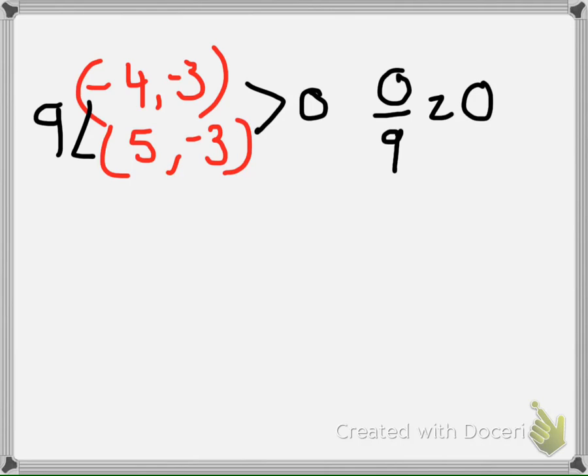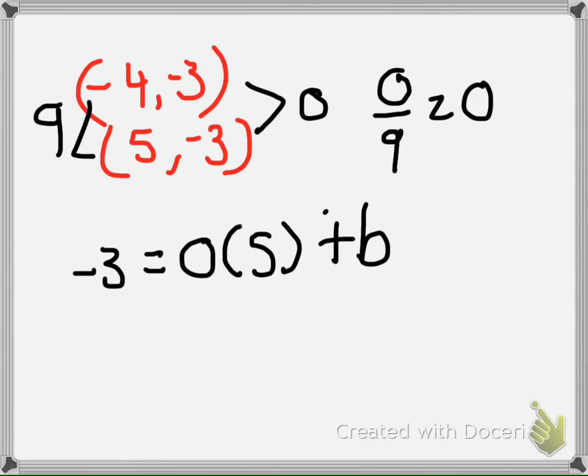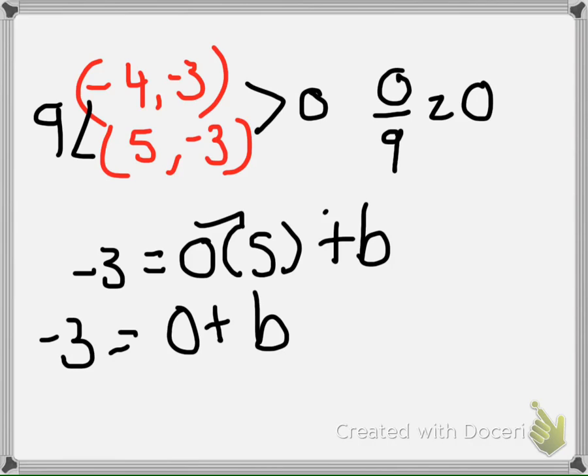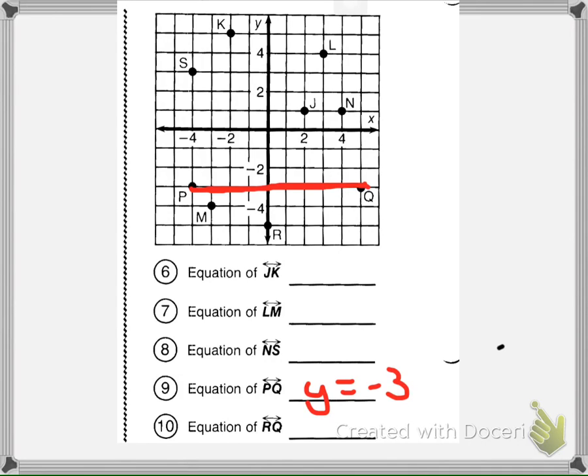And so y, negative 3, equals m, 0, times x, 5, plus b. And when we multiply these, we get 0, so we get b plus 0 equals negative 3. Well, b plus 0 is b. It's equal to b. And so b is equal to negative 3, and that's why we had the equation y equals negative 3.